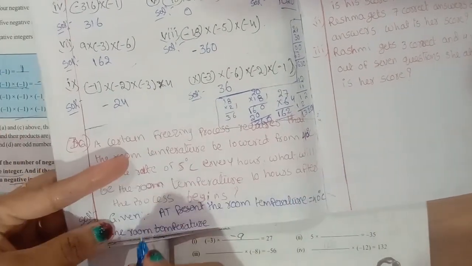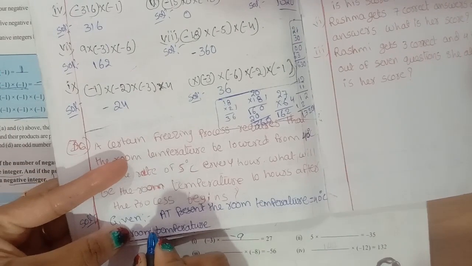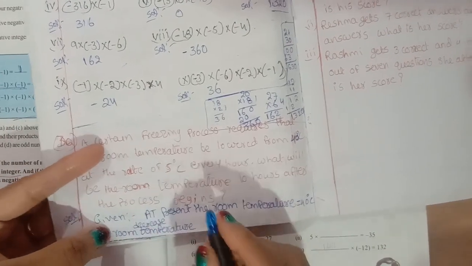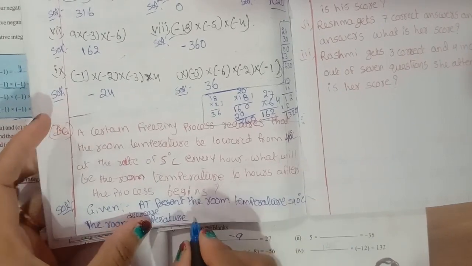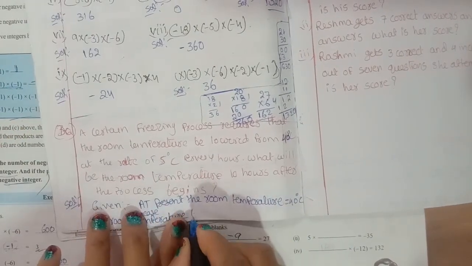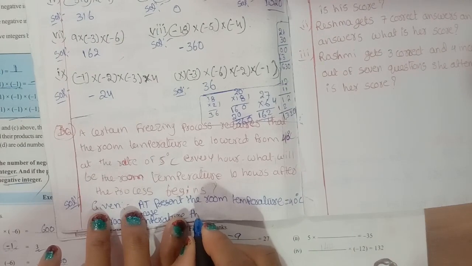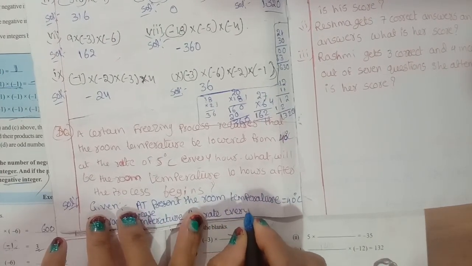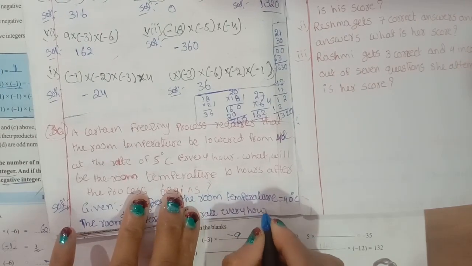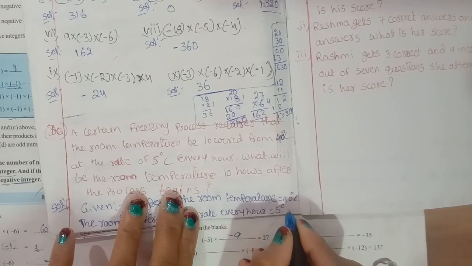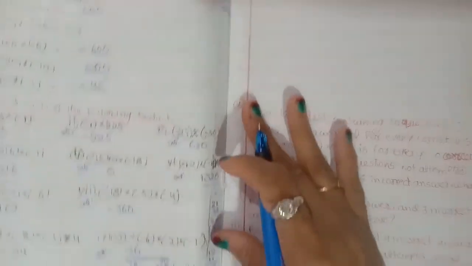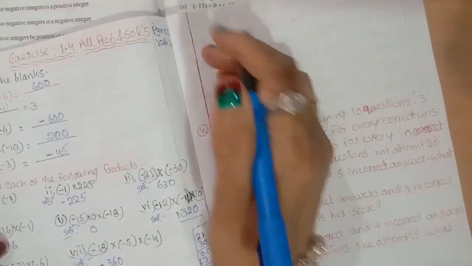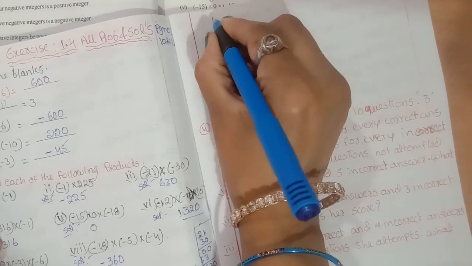The decreasing temperature rate every hour is equal to 5 degrees centigrade. Okay? What will be the room temperature after 10 hours? Only 10 hours.